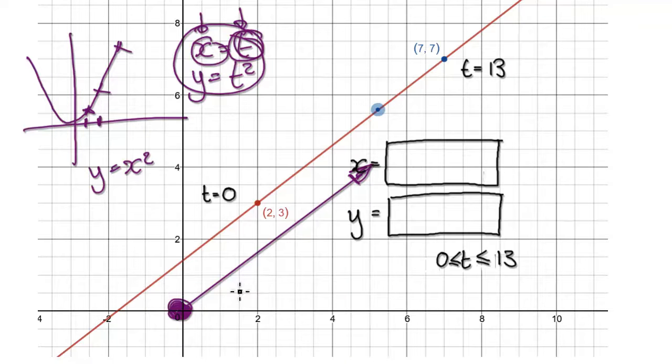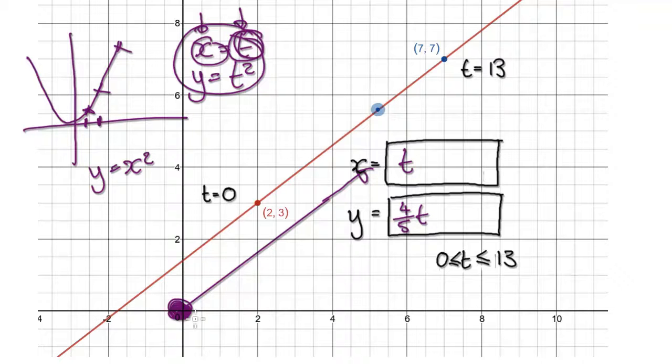So if you want to come up with the parametric equations for this line, set x to be t, and then you want the line to climb with a gradient of 4/5, so y is 4/5 t. This describes the line from the origin to here.